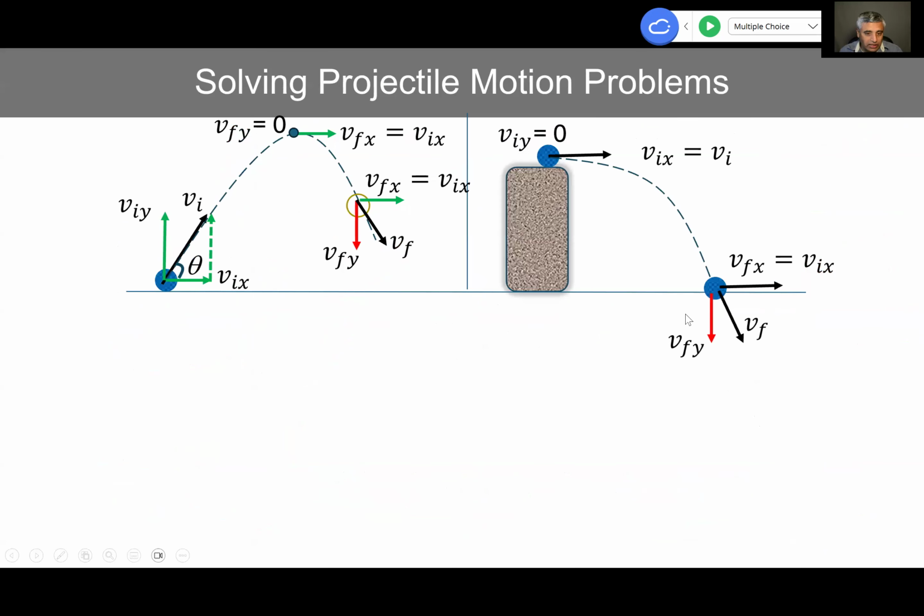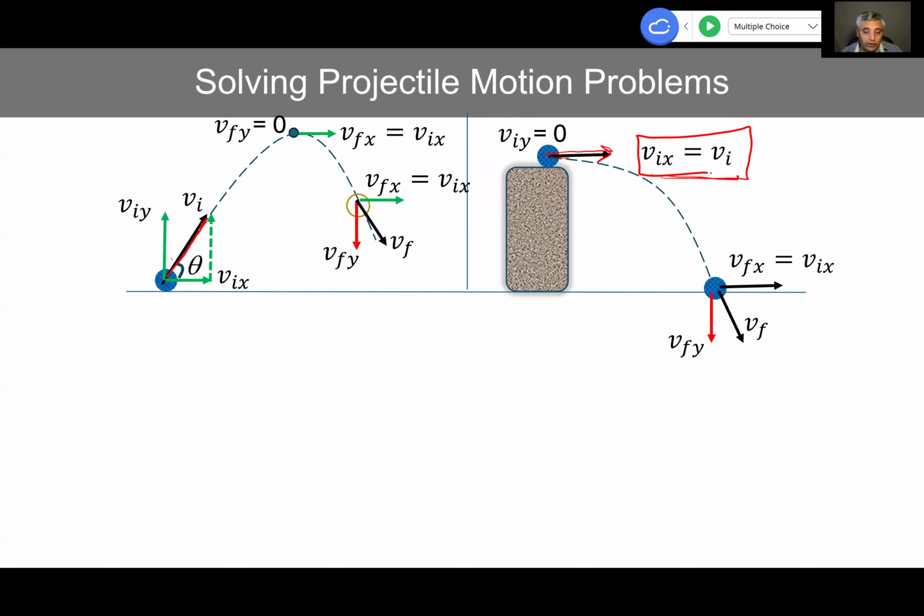And I have another slide where I show you, okay, this is the general case that we saw in the previous slide. And this is a special case when the object is thrown in the horizontal direction from some height. In that case, the initial velocity is the velocity with which it was thrown.